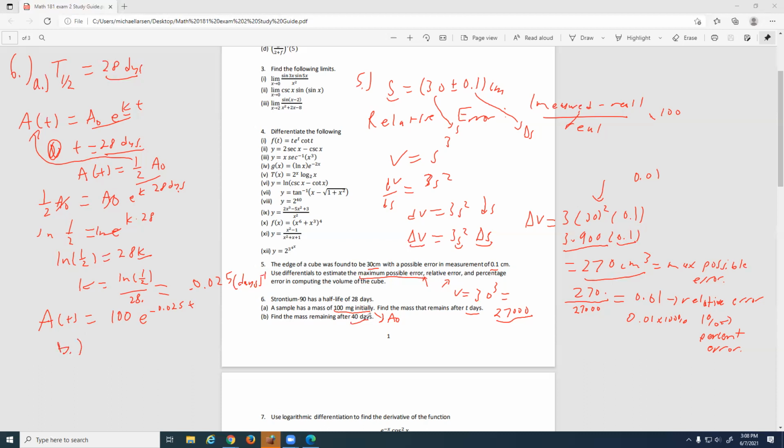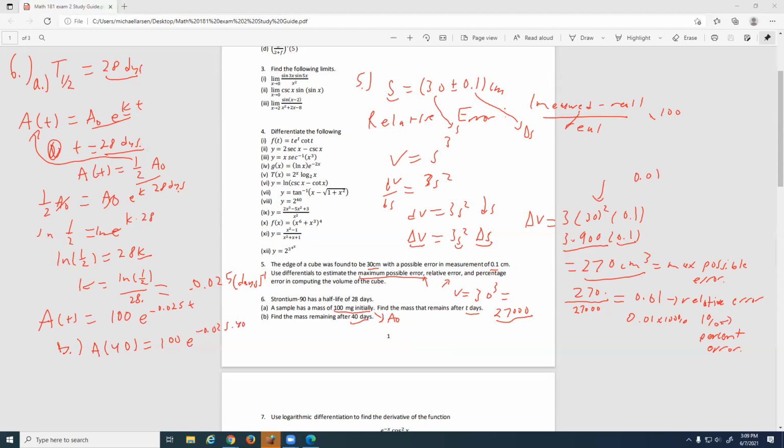And be careful here because sometimes they'll give you problems where time is in, say, years, and you have to convert to days because our k is in units of inverse days. So we have to plug in days to cancel that out to give us a unitless exponential in our e power. So we're just going to find A of 40, which is going to be 100 times e to the minus 0.025 times 40.